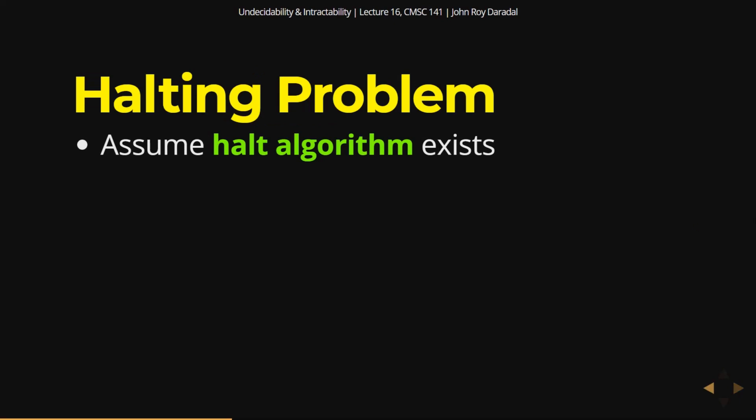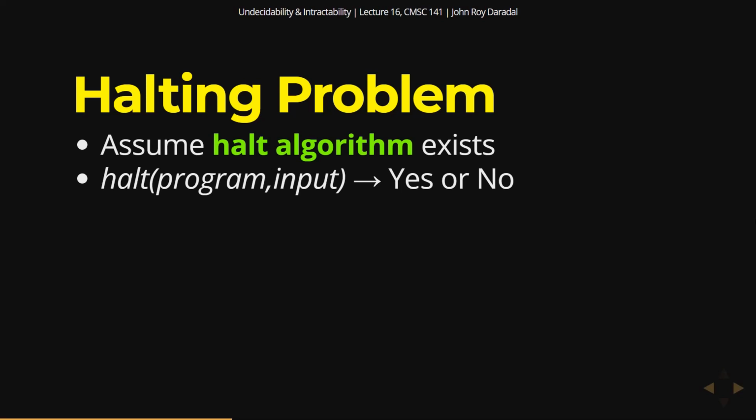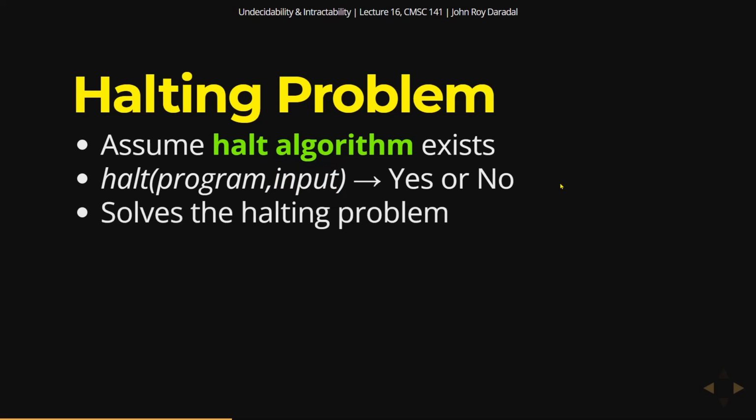Now, let's try to assume first that the halting algorithm exists. If the halting algorithm exists, then it would be a decidable problem, right? So let's say that there is a halt algorithm that takes in a program and an input as the input and outputs yes or no, whether this program will halt given this input. Assuming that it exists, this algorithm will solve the halting problem.